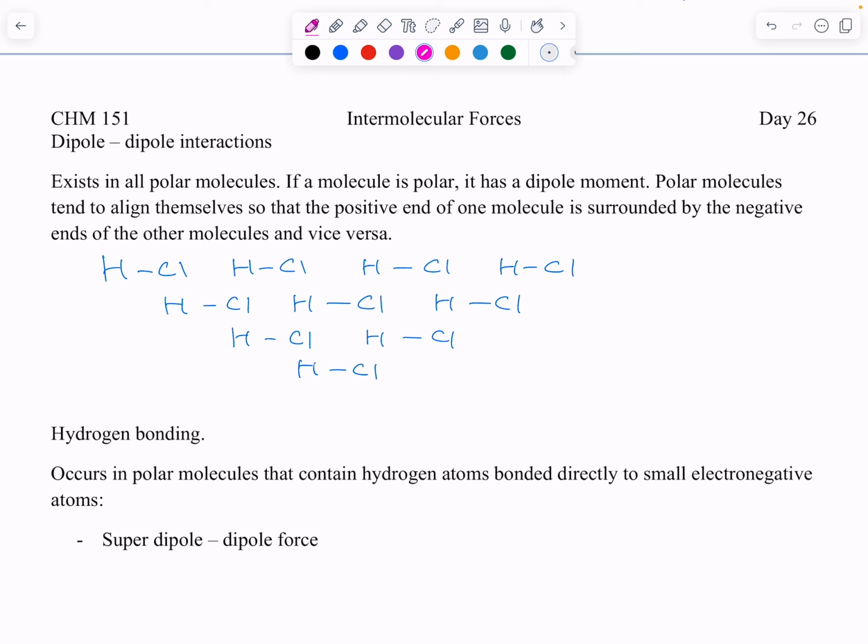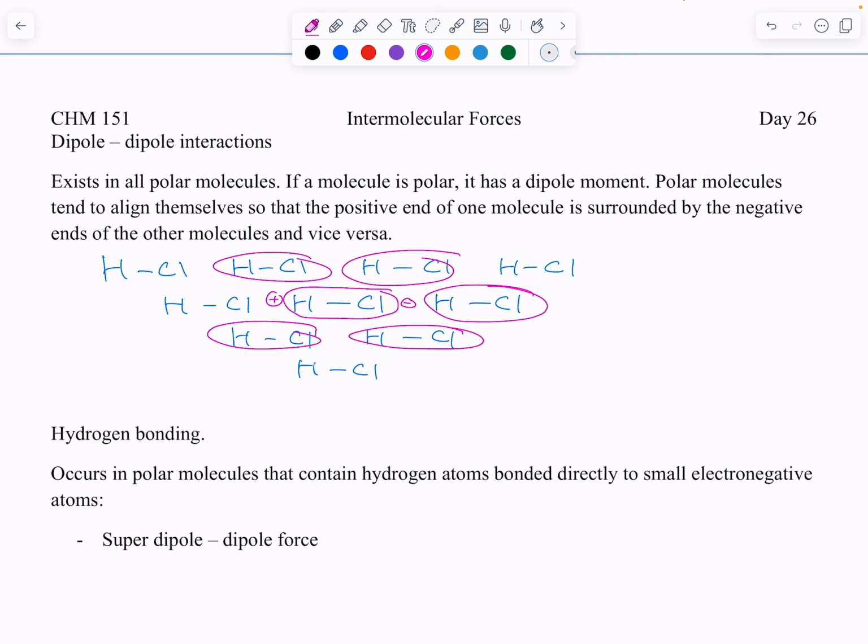But if you kind of notice, for this molecule, this would be the negative side, this would be the positive side, right? And so we have all these interactions here. This is chlorine, that's a negative. But this H is positive, right? Hopefully you see how they're kind of arranging themselves.